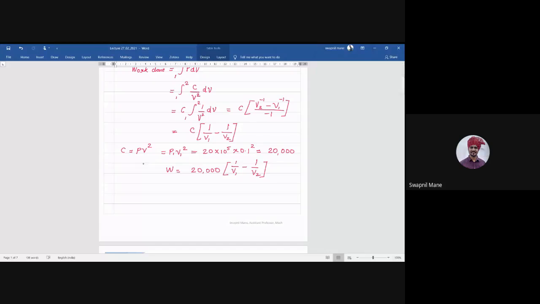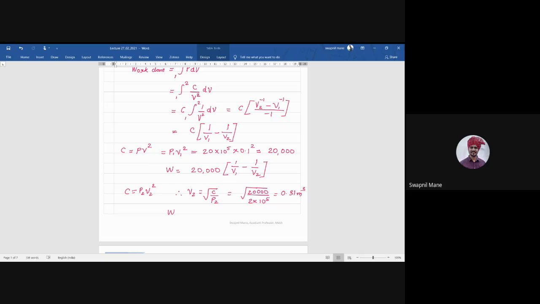From here we will calculate the value of V2 also. C is also equal to P2 V2 square. Therefore V2 will be equal to square root of C by P2. What is C? C is 20,000, divided by 2 into 10 raised to 5. That is 0.31 meter cube.